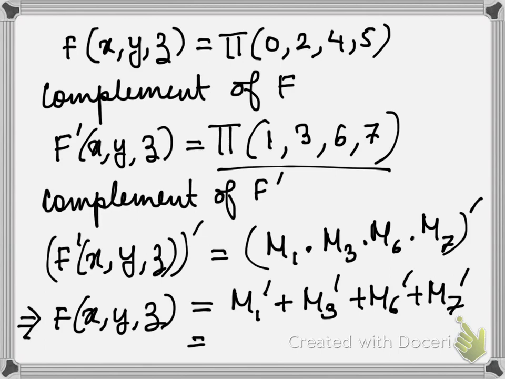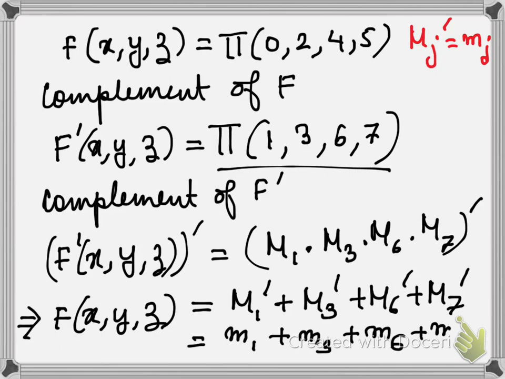And again, from our theorem that Mj dash, the complement of the max term, is equal to the equivalent min term, using this I get capital M1 complement would be equal to small m1 plus m3 plus m6 plus m7.